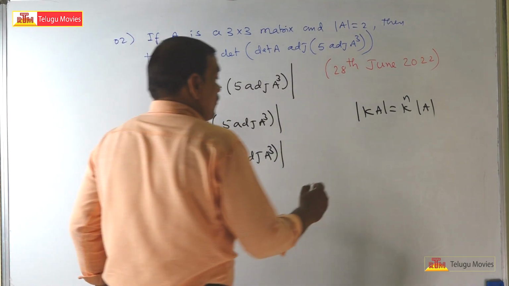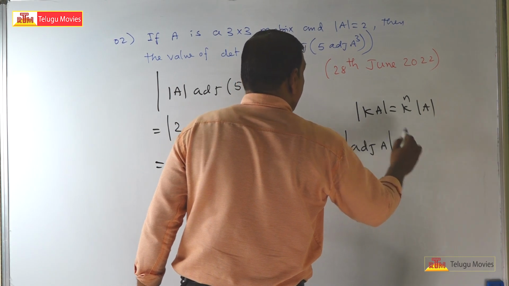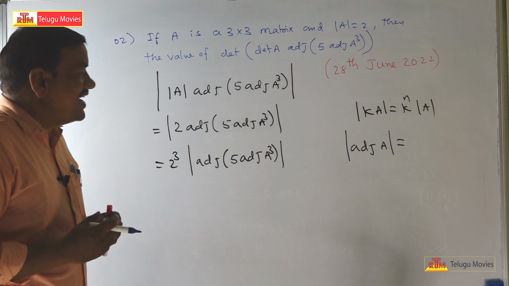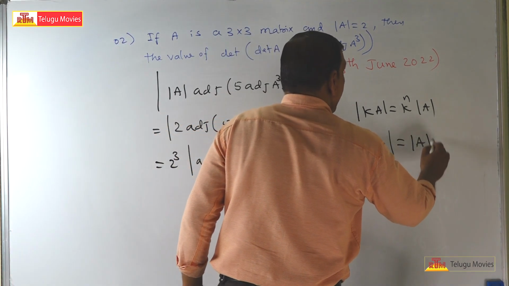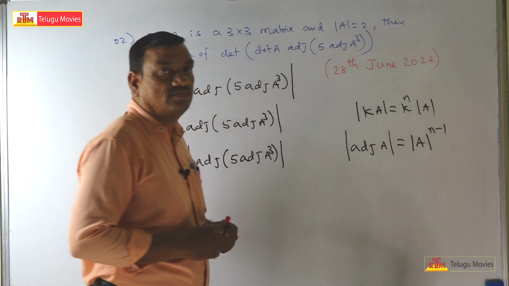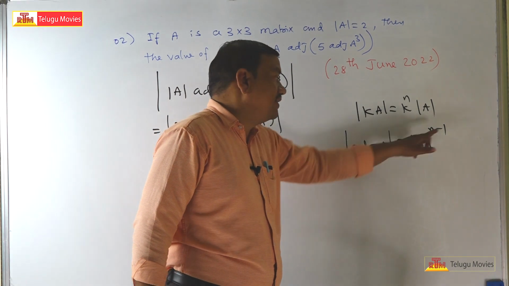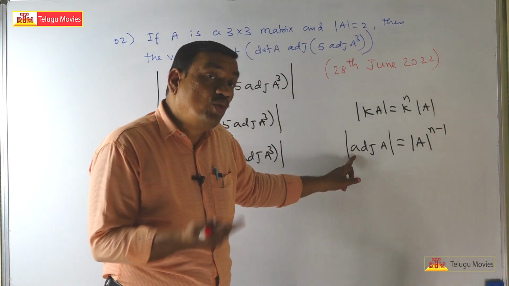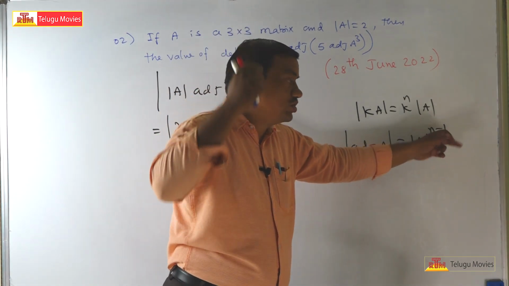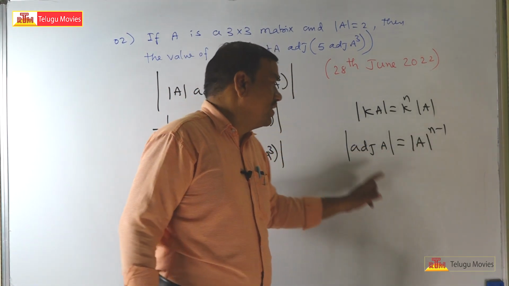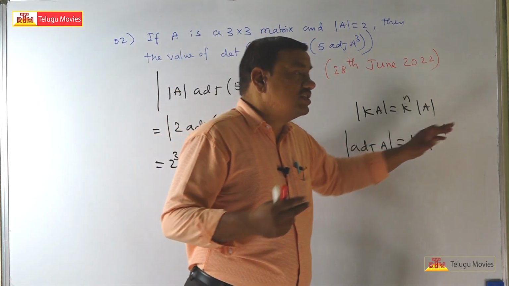Again we have one property. Determinant of adjoint of A is equal to determinant of A whole power n minus 1. If it is one adjoint, here it is n minus 1. If it is two adjoints, it is n minus 1 whole square, of course the base is det A. If it is 3 adjoints, n minus 1 whole cube.